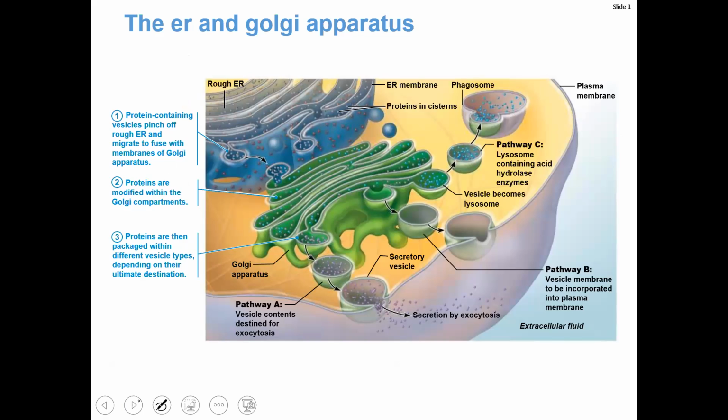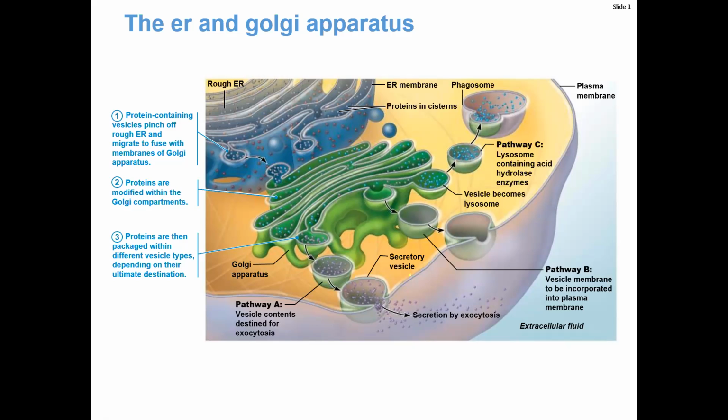So, now, this is a nice little summary here. Proteins come off of the rough ER in a secretory vesicle, and they are transported to the Golgi apparatus, and the Golgi sorts everything out, and it gives the proteins three options. One: get released from the cell, which is happening down here at the bottom.